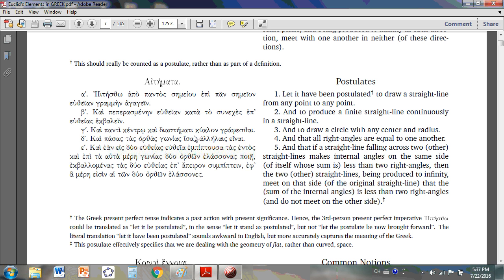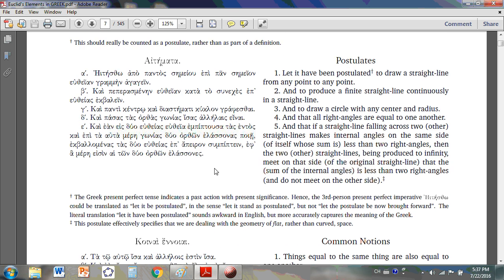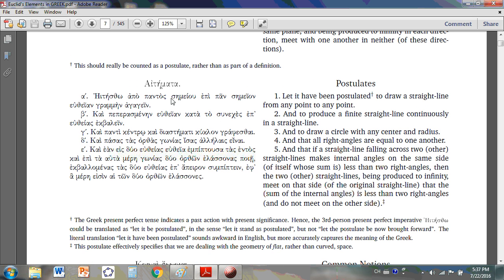And of course, there's another word that goes along with this word here. If we look at the first definition, eutisto, it's an ancient Greek word which doesn't really have a modern equivalent. So this very first requirement or claim states: Itisto apopandos simio epi pan simion ephian gramin agayun.